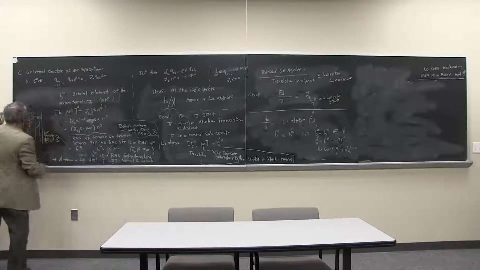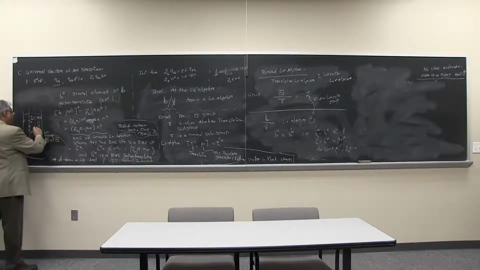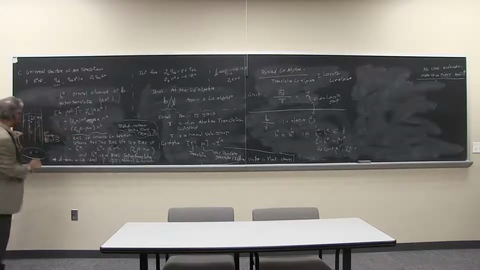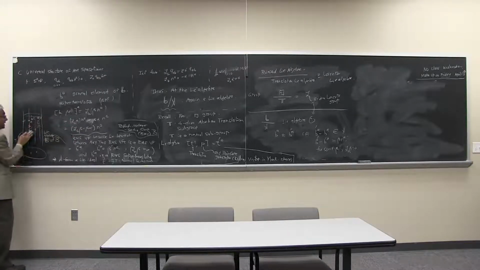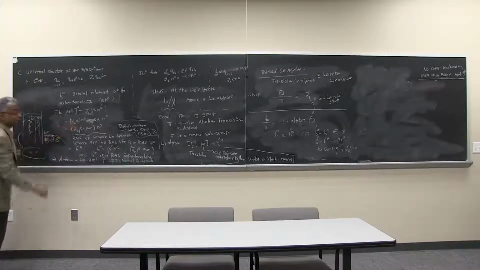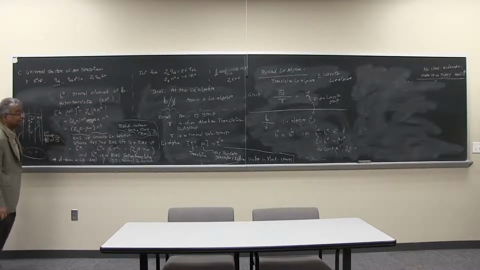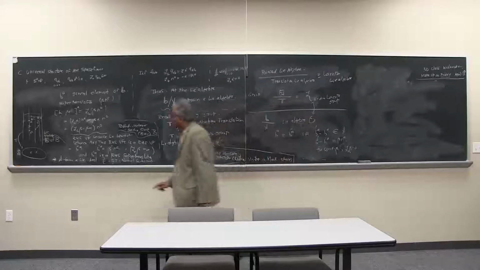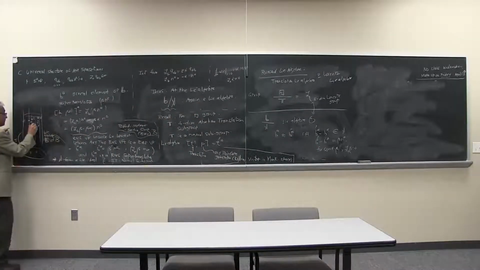And the statement is that I have B prime minus B. Let's suppose that I have some vector field B up here. And B prime is supposed to be equal to beta times n plus B. So I'm supposed to add to this B a little bit of n, beta times n. So if this was B, I'm adding this, and therefore I'm going to get a vector like this.